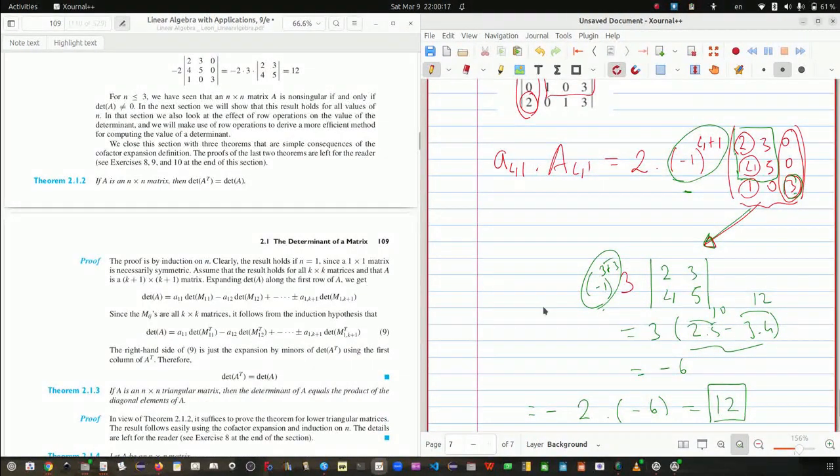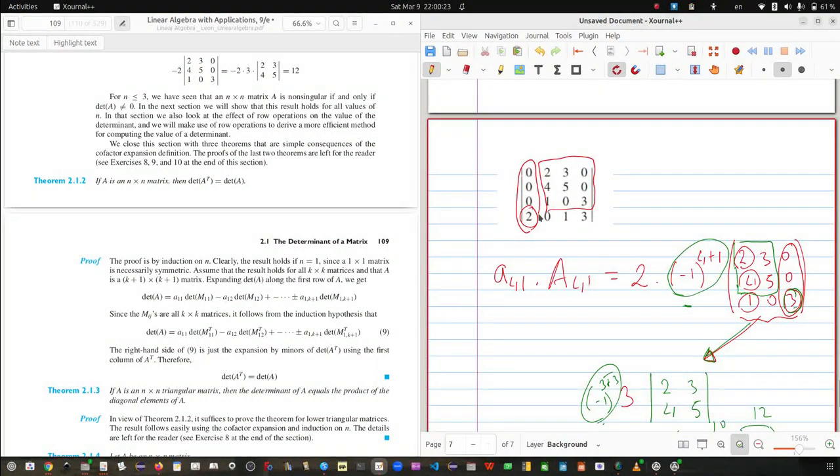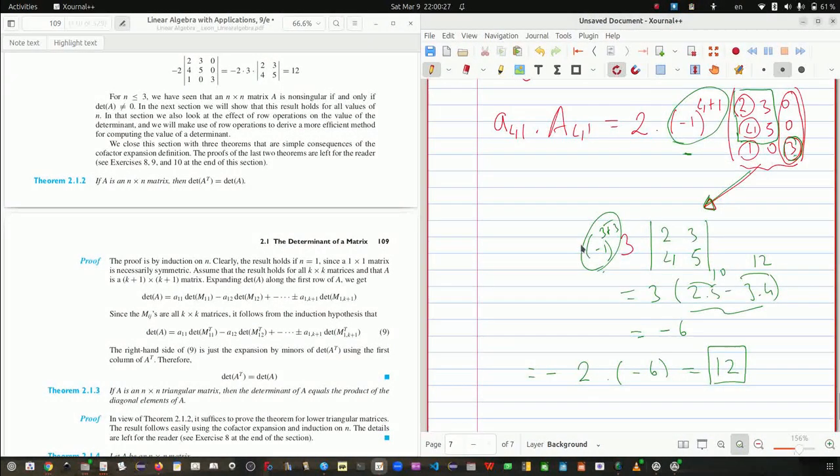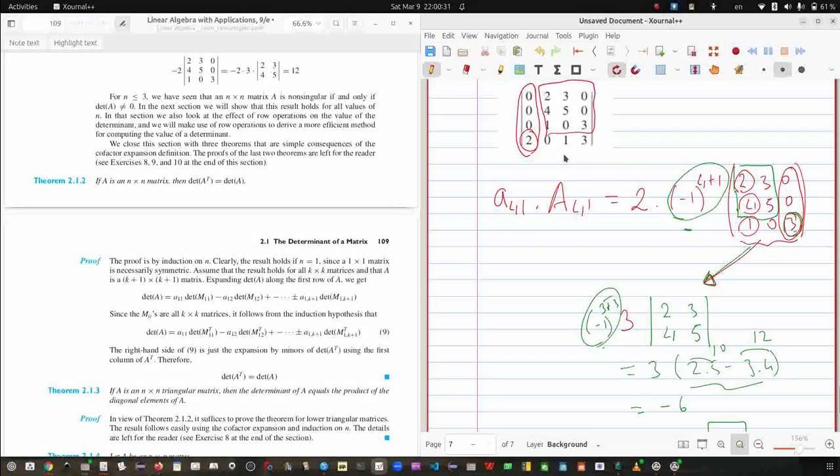So probably you will come across many different matrices, and you have to pick the right column or row to minimize the calculation. This is the trick. I am repeating, if you are given a complex matrix, you should figure out how to choose the right column or row for finding the determinant of that matrix, so that you are able to make minimum calculation.